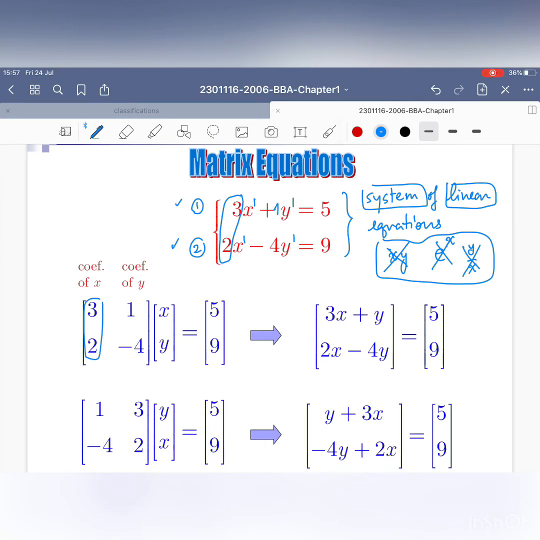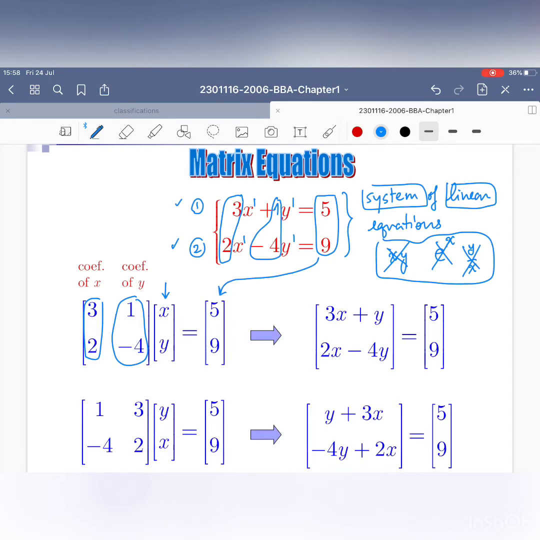There is the coefficient of your y, including the negative as well, and you collect it as your second column, and you are going to multiply with a column matrix, or sometimes we call it a vector, a column matrix x y. And because on the other side you have the constants 5 and 9, the constants will come here on the right hand side.